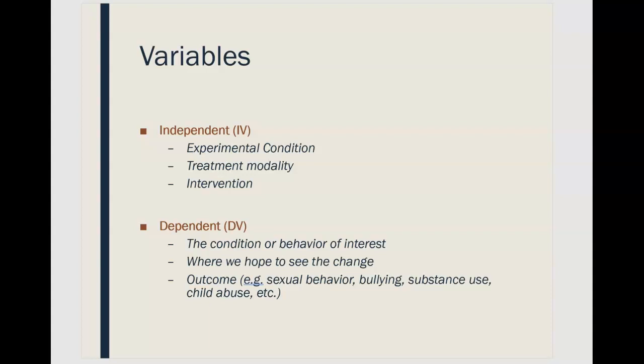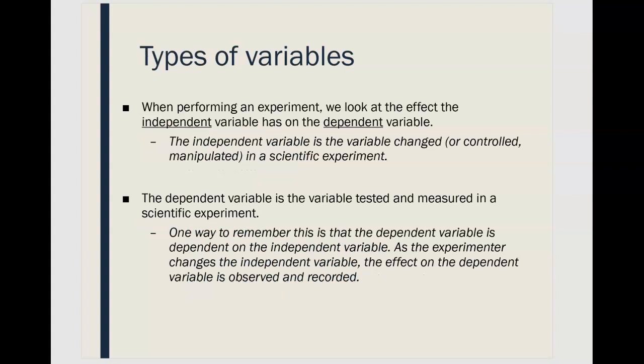And that dependent variable really is typically the thing of interest, the thing we're hoping to see change. Sexual behavior, bullying, substance use, child abuse. This outcome, we're hoping to see it go up or down, increase or decrease in some way based on our intervention, our treatment modality, that experimental condition.